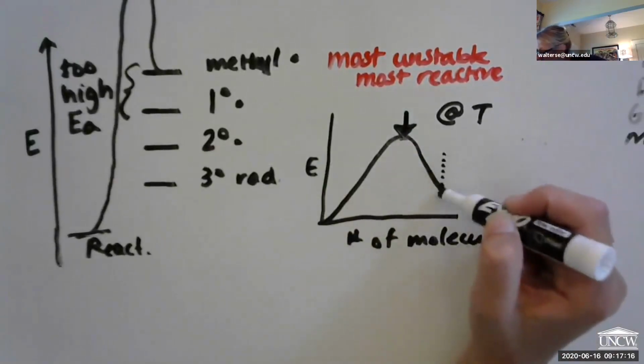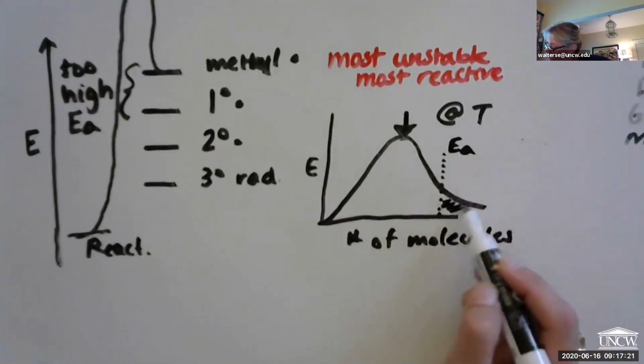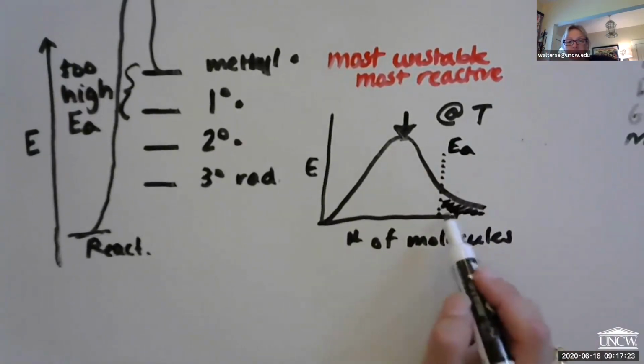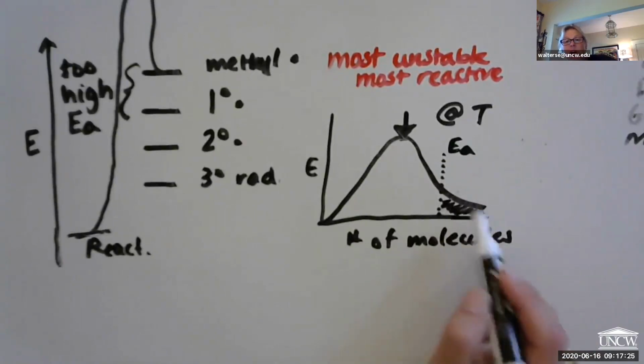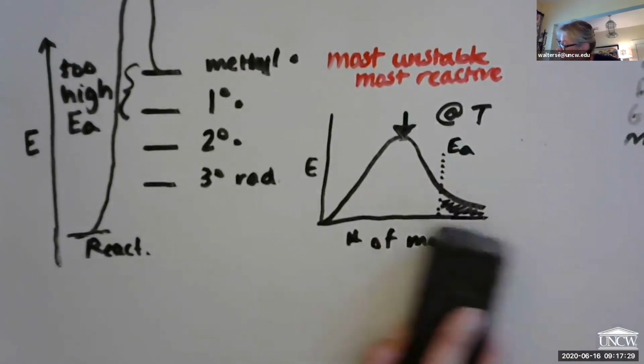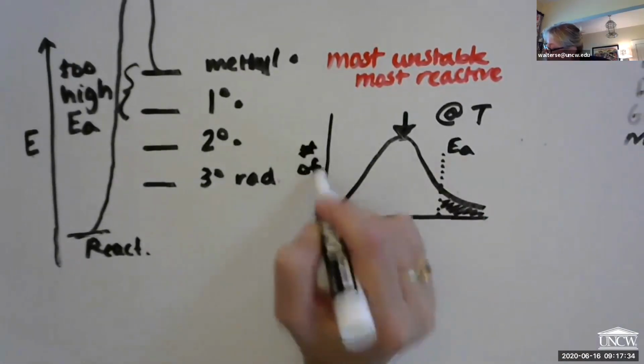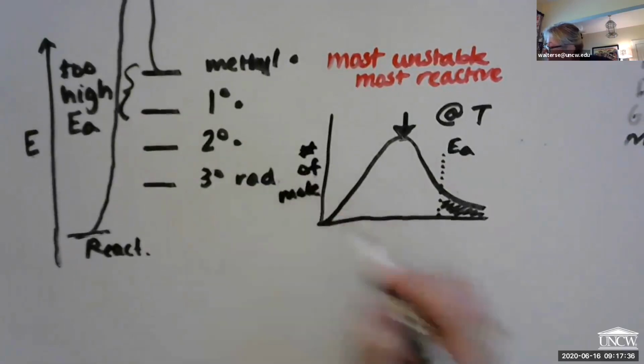If the activation energy of the reaction is up here, then only the molecules that have high enough energy would participate in the reaction. Wait, I have these axes wrong. This is number of molecules, and this is energy.